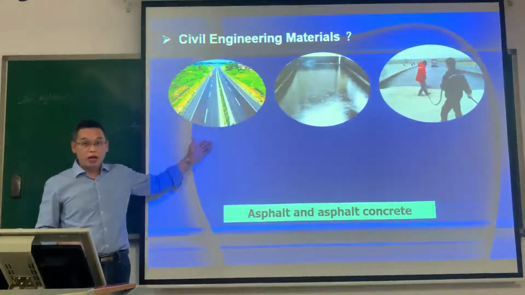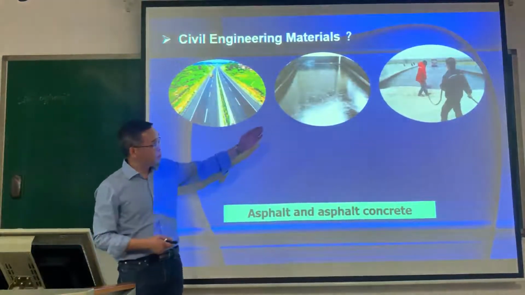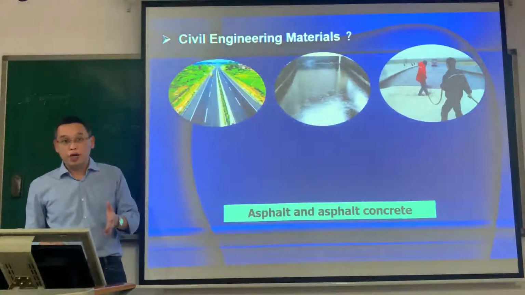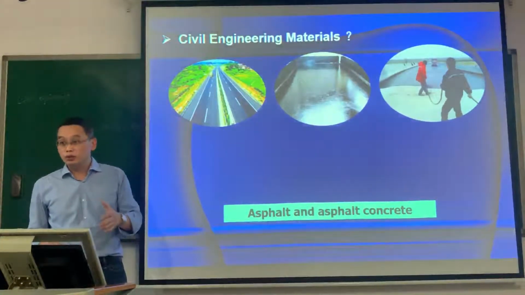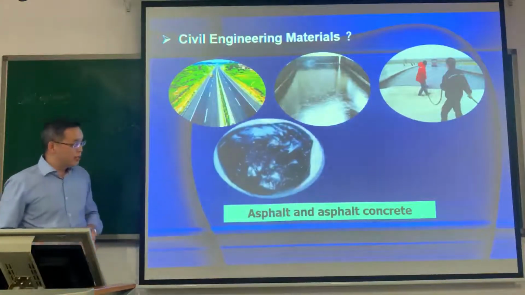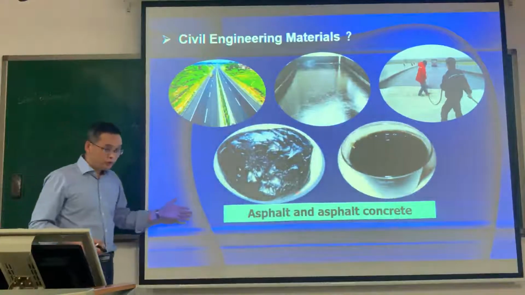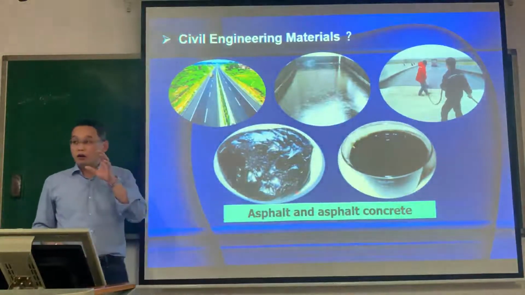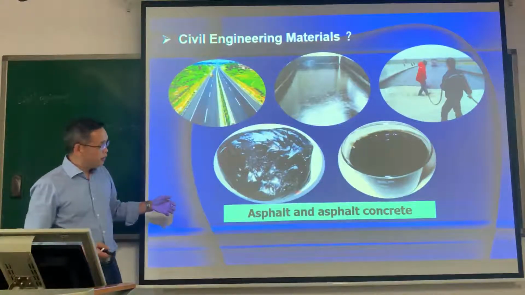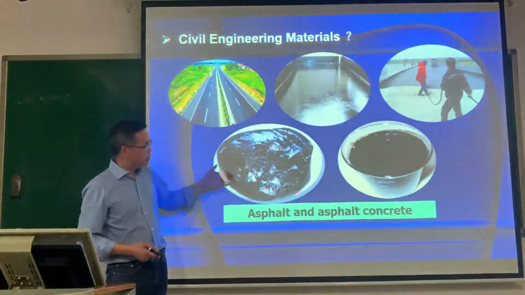And then we can use the asphalt for the waterproofing of the structure or the road. And for the asphalt, there are two kinds of state. The first one is the solid one.